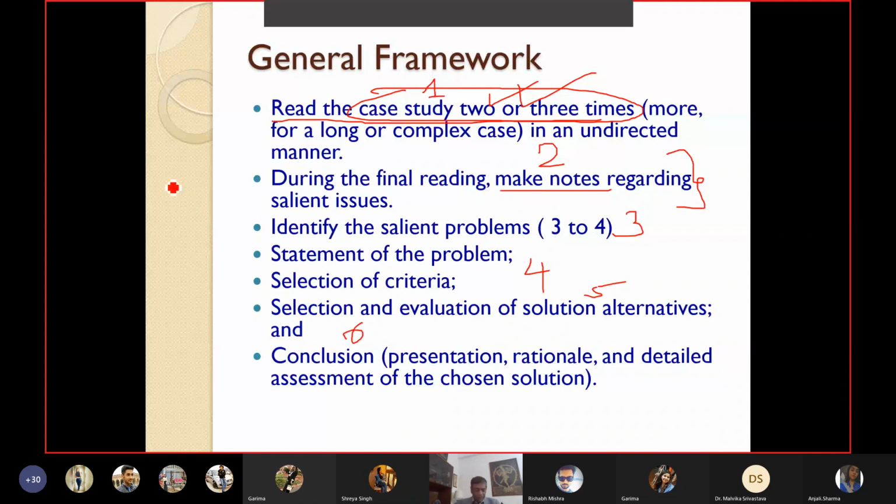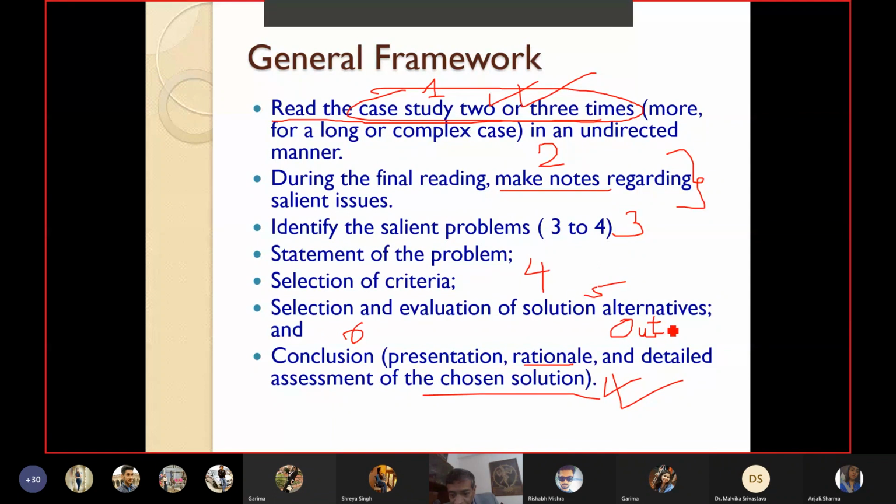Fantastic. This is your general framework, which talks about read the case study 2 or 3 times, make notes, identify the problems, find out what are the best possible solutions, look at the constraints if they can be eradicated, eliminated, then correlate these solutions with the theories that you're studying, look at alternative solutions, and then conclusion where you make a presentation of the solution and say why this is the best in terms of effectiveness and outcome.